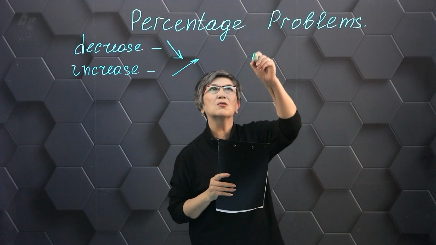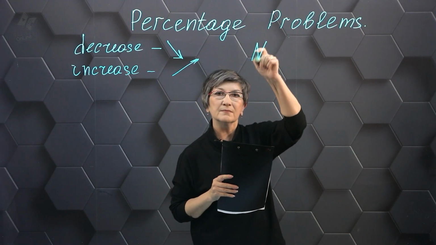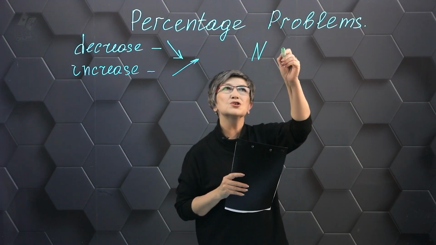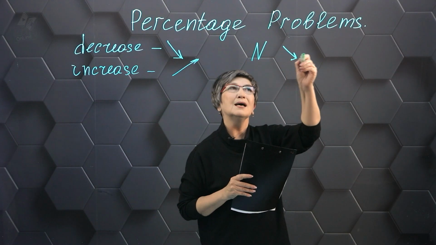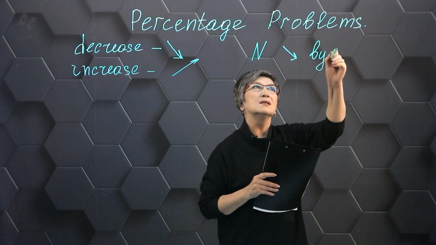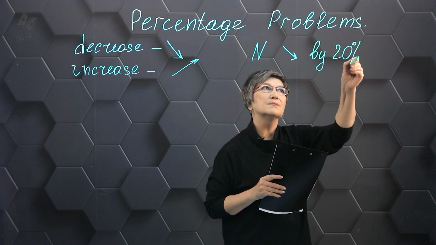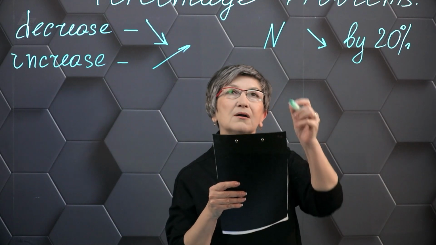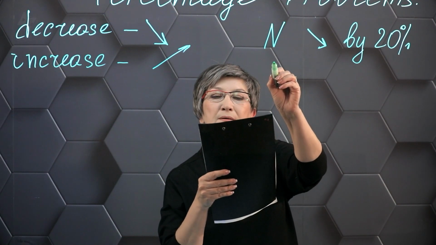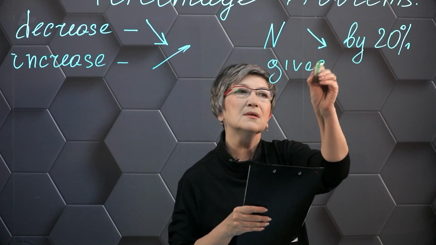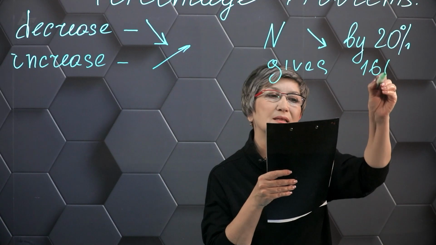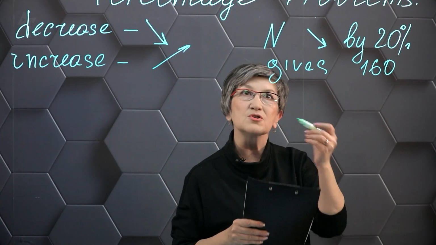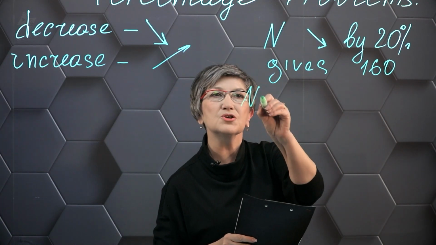So there was a number. This number was reduced by 20%. It became equal to 160. And we need to find out this number as a result.